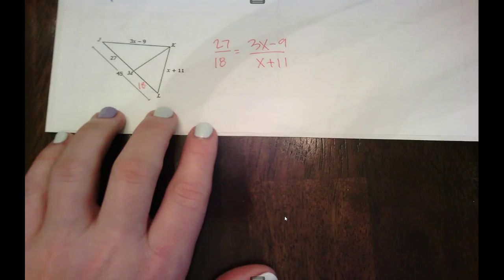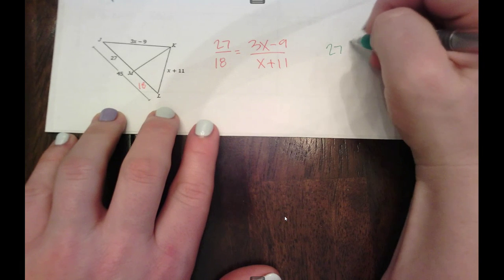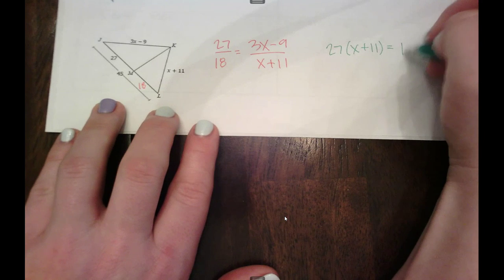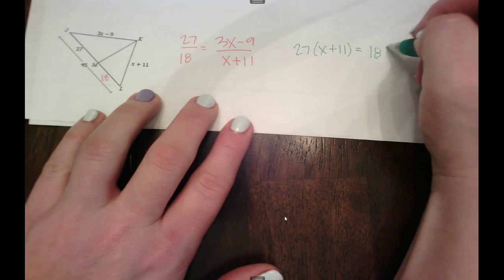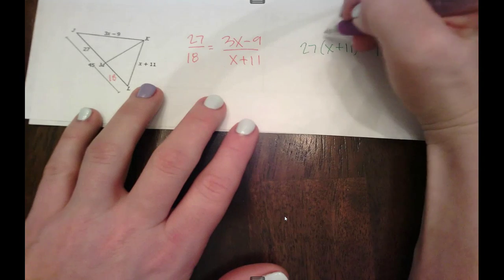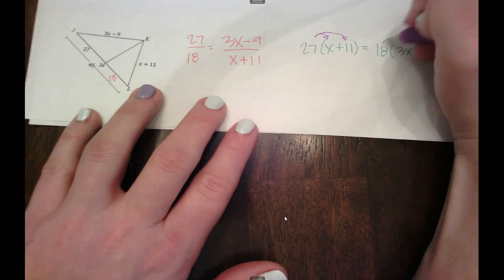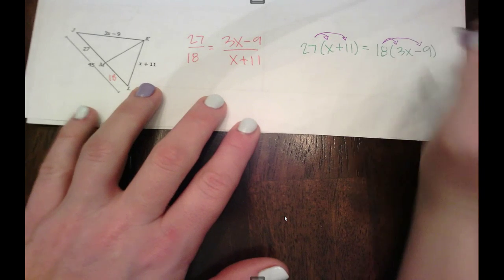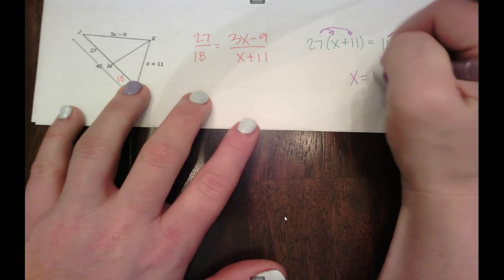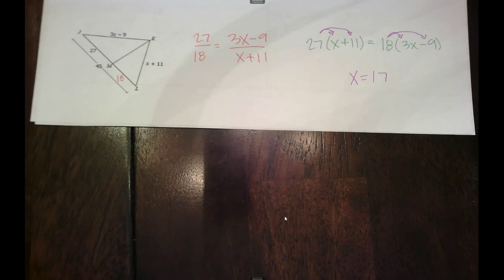When I do my cross product, I'm going to have 27 parentheses x plus 11 equals 18 parentheses 3x minus 9. Remember to distribute to both, and then you can solve for x. X is going to equal 17. All right, let me know if you have any questions.